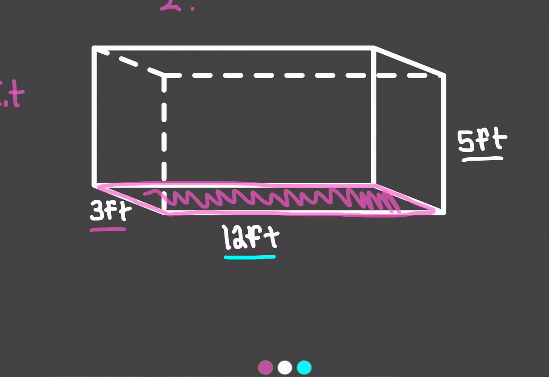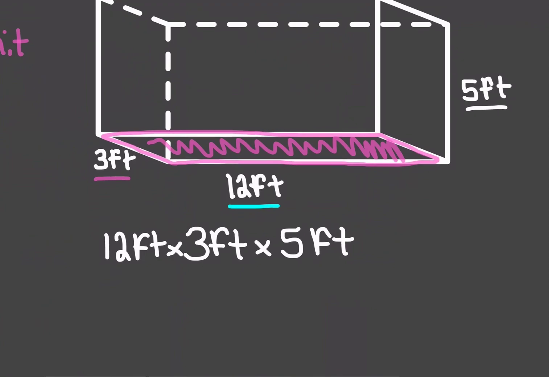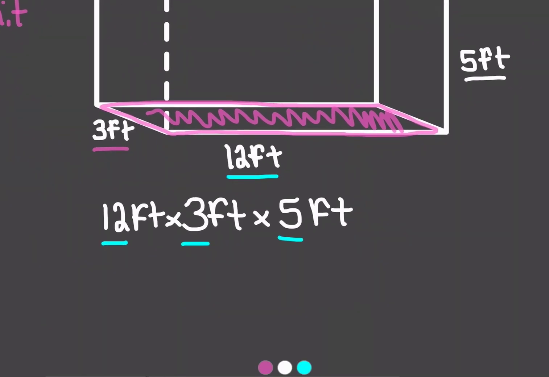So to set it up correctly, or how they normally say it, it's going to be 12 feet long. It's going to be 3 feet wide. And it's going to be 5 feet tall. And here's where I multiply my number. So I'm really multiplying 12 times 3 times 5. I know that 12 times 3 is 36.